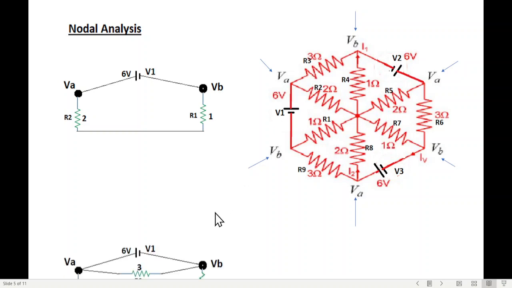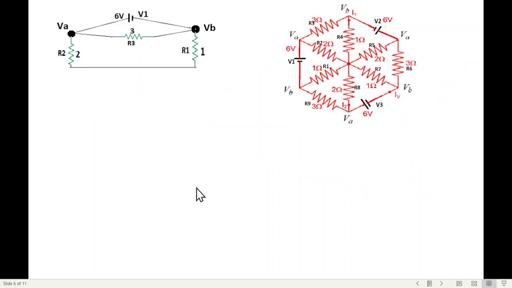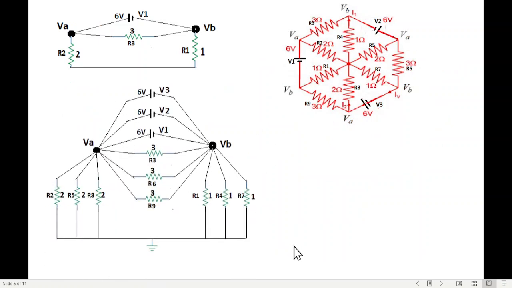So we can connect R3 between VA and VB. This way you keep moving, we connect this source, and ultimately you will get something like this. So you have all 3 sources, you have the outer 3 resistances and the 2 ohm resistance and 1 ohm resistance. So this is the circuit that we have to solve.